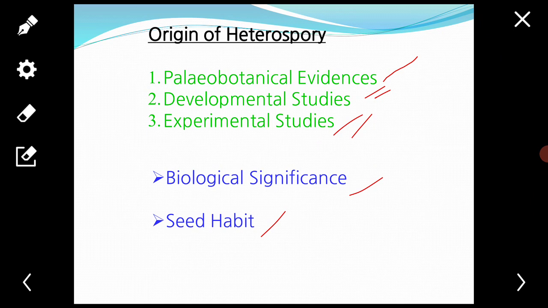Next, retention and germination of the megaspore and fertilization of the egg. Next, continued development of the fertilized egg into the embryo while still in situ.